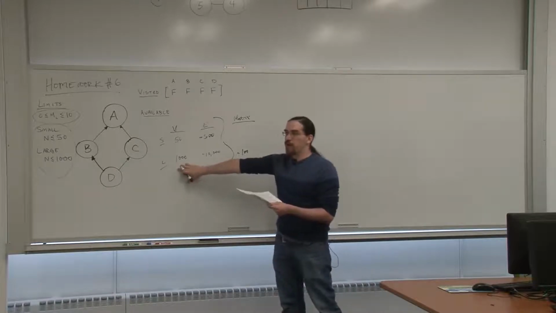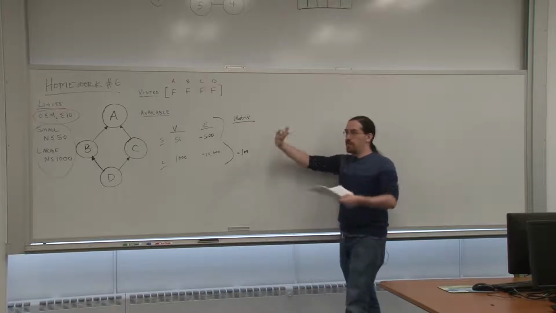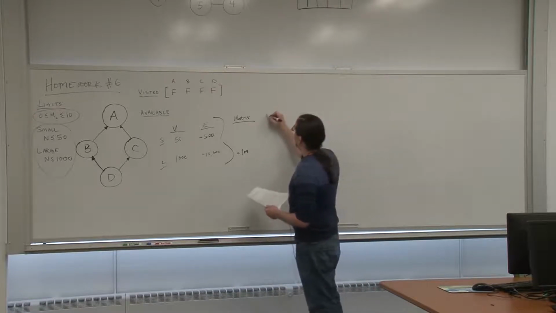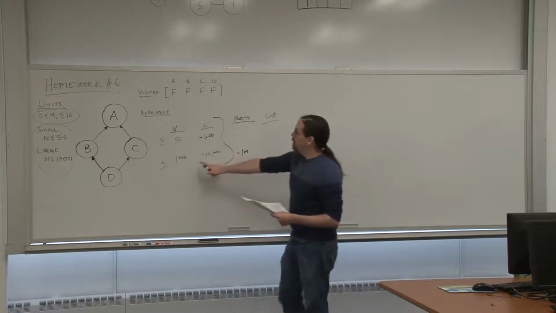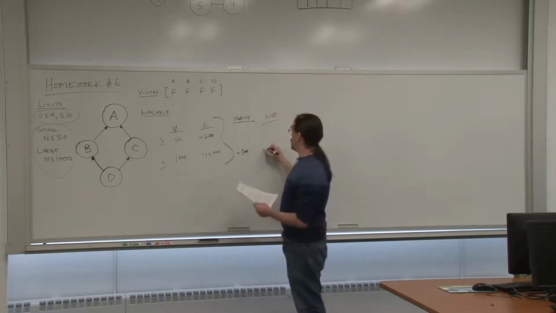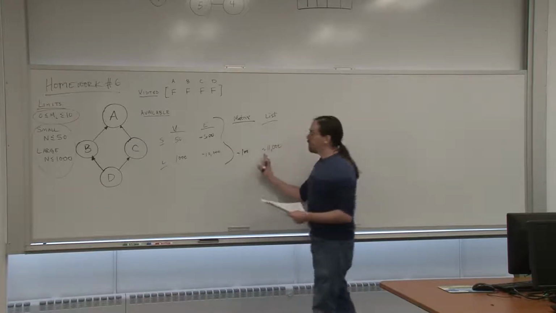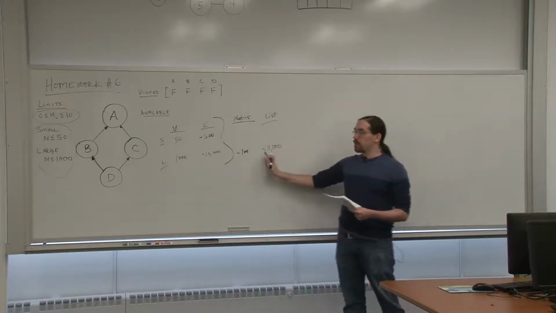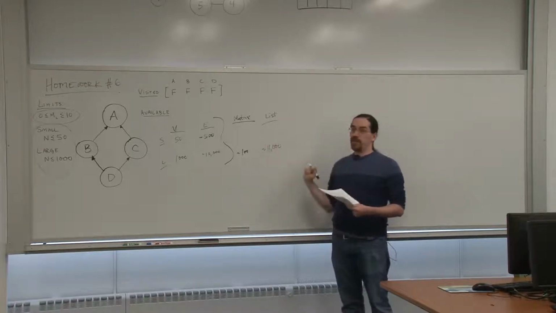So 1,000 squared, because you've got a 1,000 by 1,000 matrix to hold all of the possible edges that could be there. And if we choose a list, that takes V plus E space. So we have only about 11,000, so we've got about 2 orders of magnitude less space for the adjacency list.